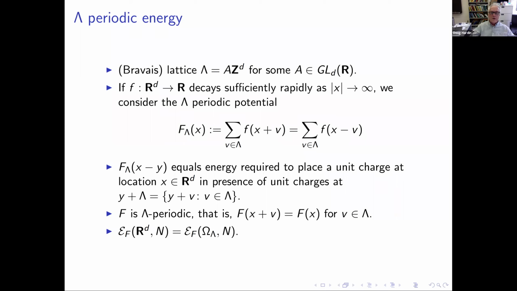On the other hand, since everything is lambda periodic, it doesn't matter if we restrict to a fundamental domain for the lattice or take the whole set. So we have N points interacting through this lambda periodic configuration.